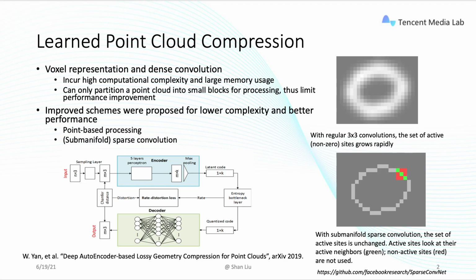A different approach was proposed by Yan and his colleagues in 2019, which directly fed 3D points into the autoencoder instead of using voxels. According to the authors, this is the first autoencoder-based geometry compression codec that directly takes point clouds as input rather than voxel grids or a collection of images.